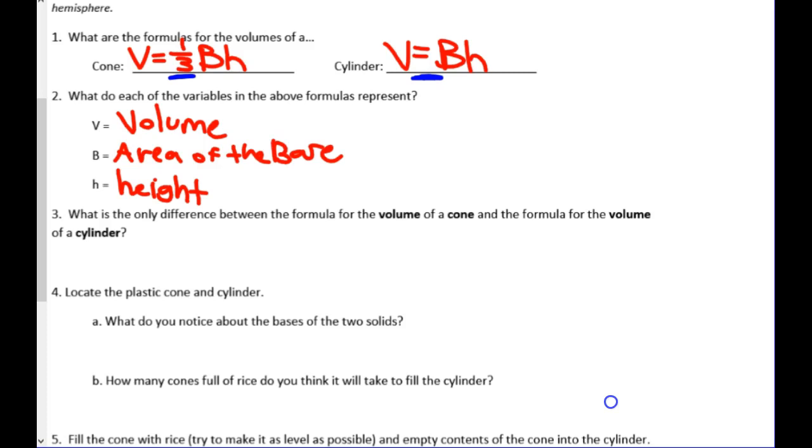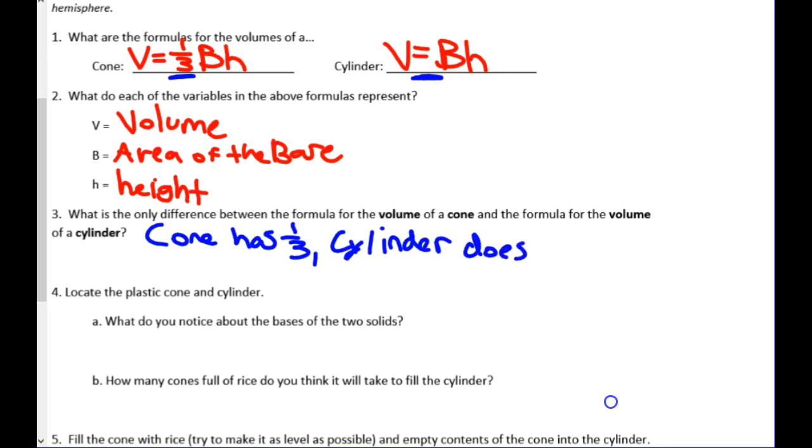So cone has 1/3, cylinder does not. We should be writing this down. The cone has 1/3 in it. Cylinder does not.